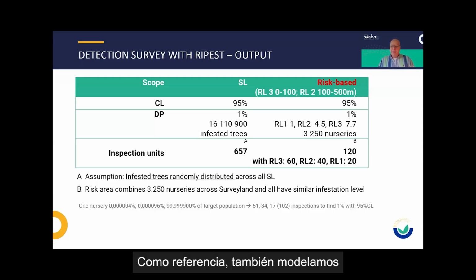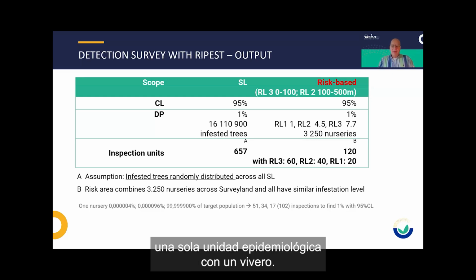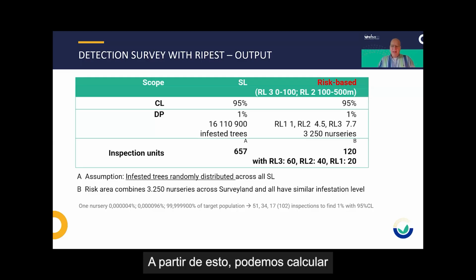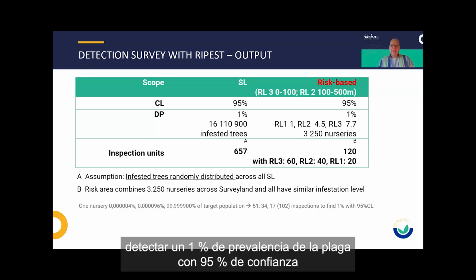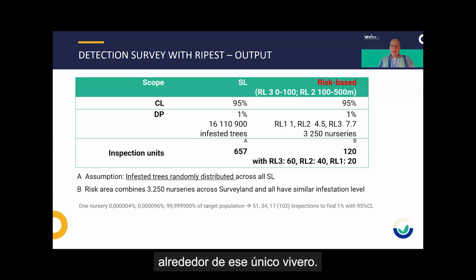For information, we have also put one scenario that could fit into Surveyland, where we consider only one epidemiological unit with one nursery. Then you can calculate the data correspondingly and find the sample size that should be applied around one nursery to find 1% of the pest with 95% confidence level for this individual nursery.